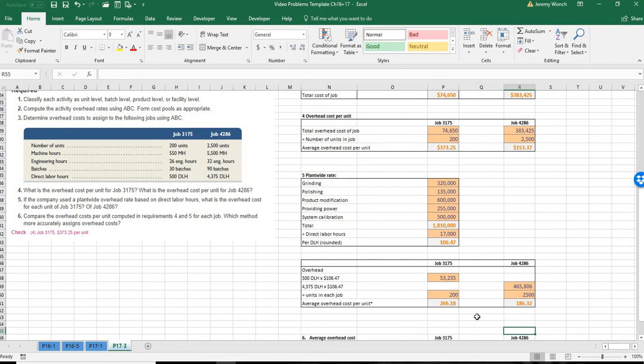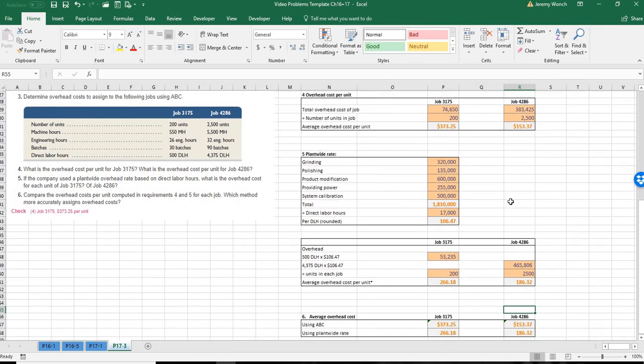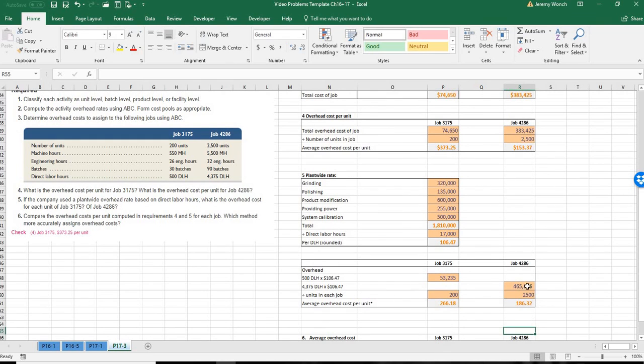If we were to use a plant-wide rate, we'd have a lot lower per unit cost for this job than what we get with ABC costing. So with a plant-wide rate, we would under-apply the cost to this job and over-apply the cost to the other job.